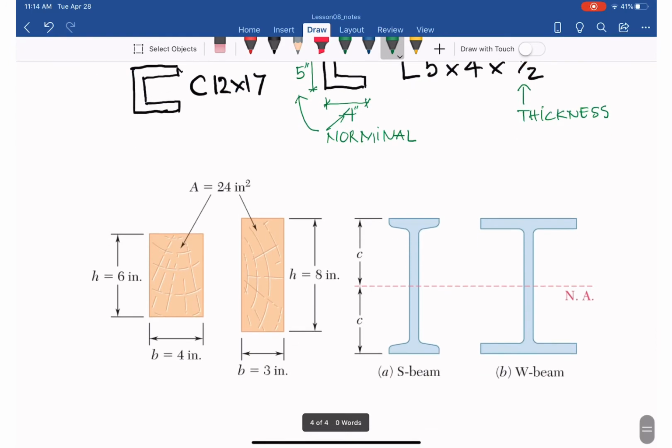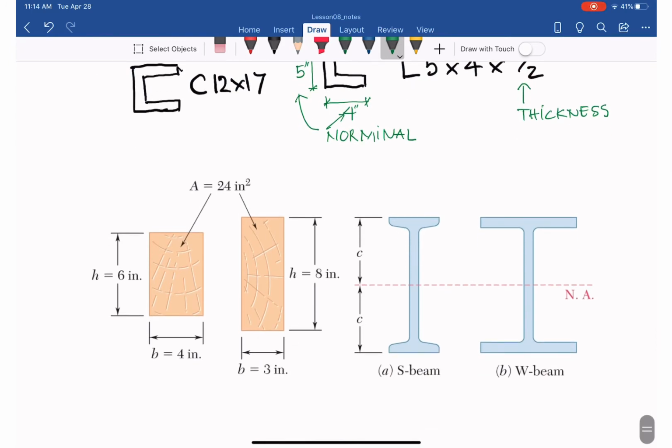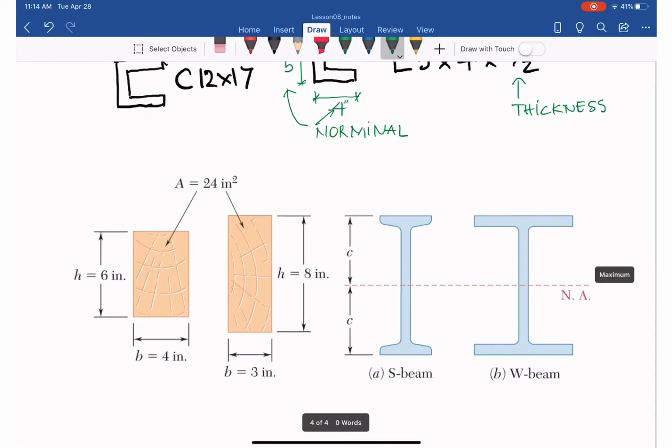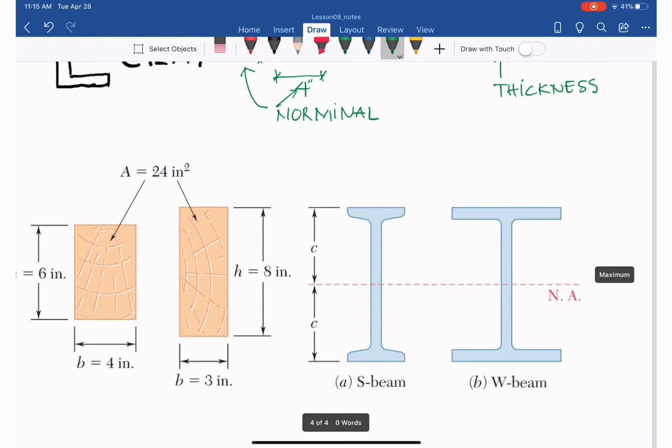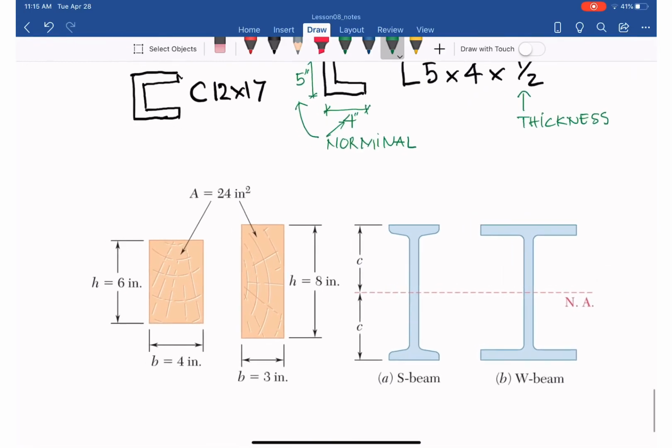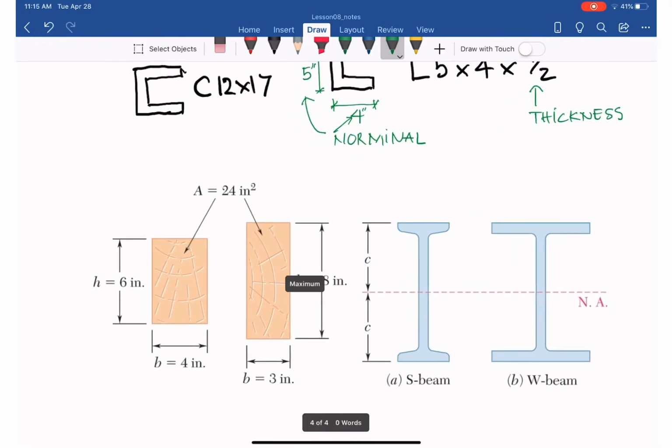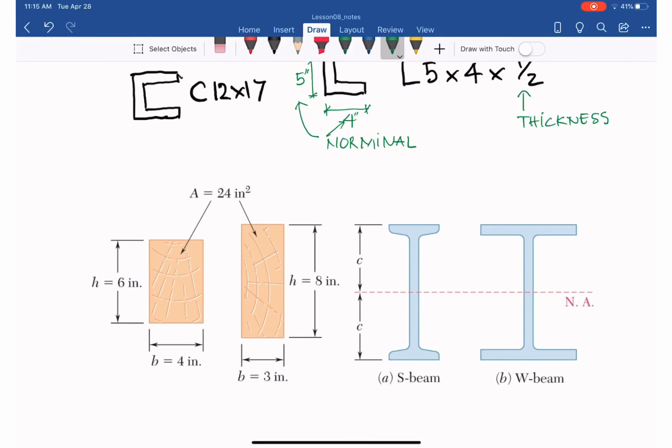And I also have, as you can see in here, different beams, S-beam, which is the American standard I-beam with the I-flange shape, neutral axis in there, C outermost fiber, so as you can see there, it's opposite to the rectangle shape that you have there.